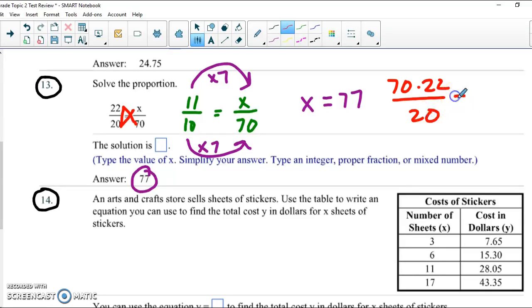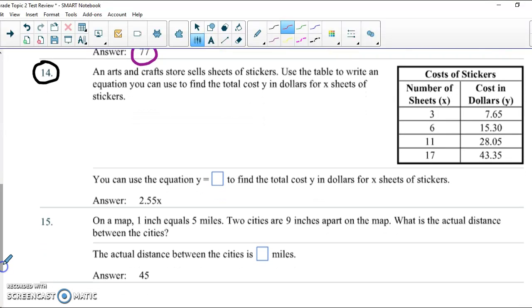Now I'm going to multiply 70 times 22, and I get 1,540 divided by 20 is 77. So two different ways we've talked about to do that problem.